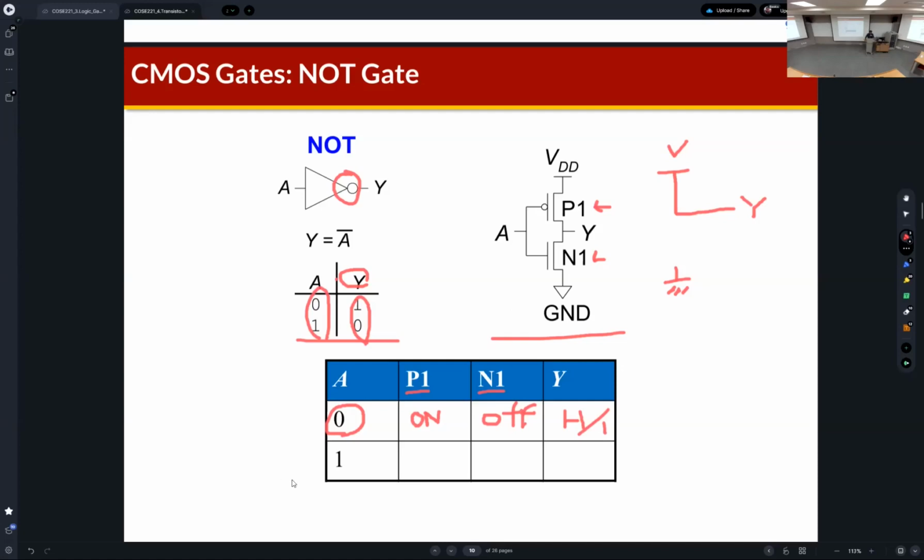And if A is 1, the high voltage, then the PMOS is off and the NMOS transistor is on. Then what will happen? In this case, the output Y is disconnected from the VDD and Y is connected to the ground. So Y is low, it's 0.